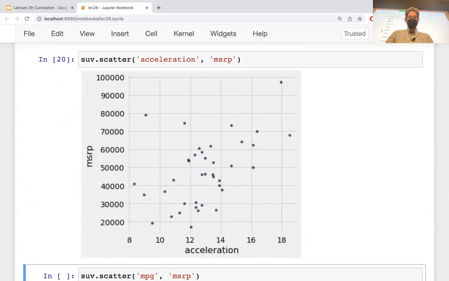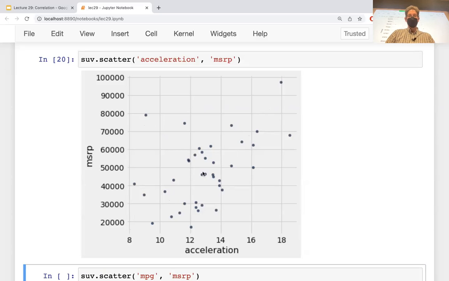And there, I still see a positive association, except that there are a couple that have terrible acceleration and yet are still really expensive. I'm sure those sold very well.